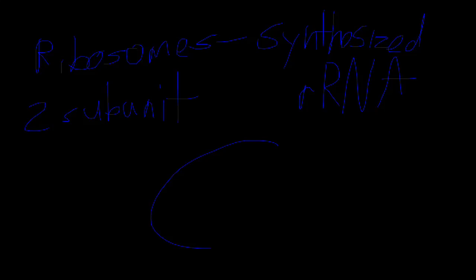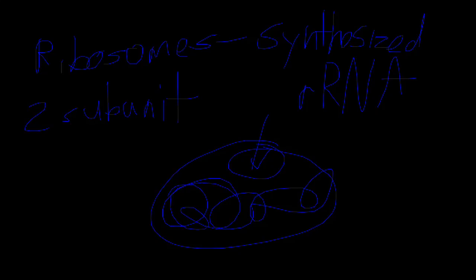So if you have a cell here and the nucleus here, you're not going to find the ribosomes in here. You're going to instead find the ribosomes in the cytoplasm floating around making proteins. And another place where you'll find ribosomes is on the rough endoplasmic reticulum.